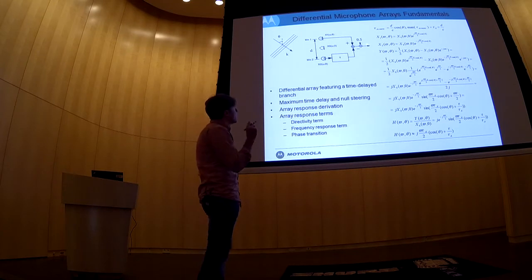Okay, so now we will look at the output of the array at this point, and that output is nothing else other than the difference between x1 and x2, half of it, where x2 is actually additionally delayed by this much. How much? As much as this block defines.